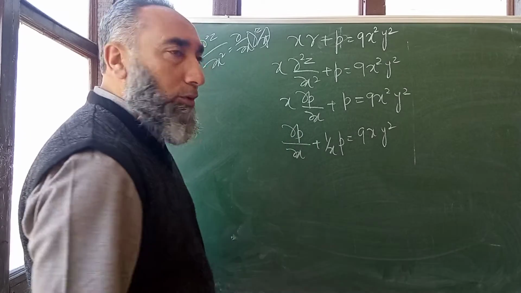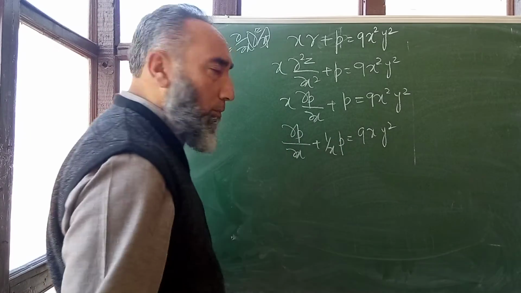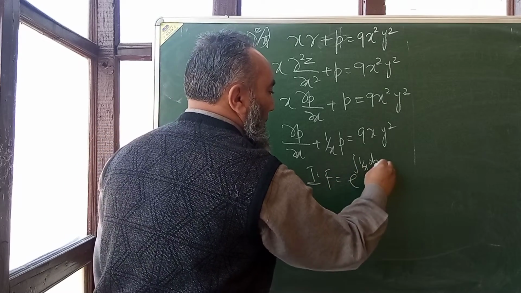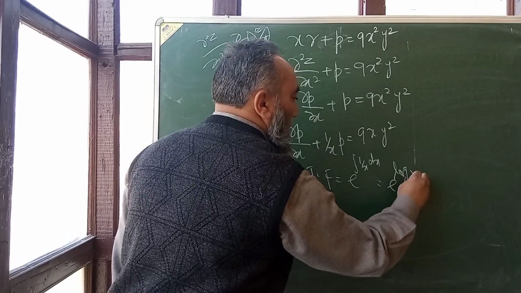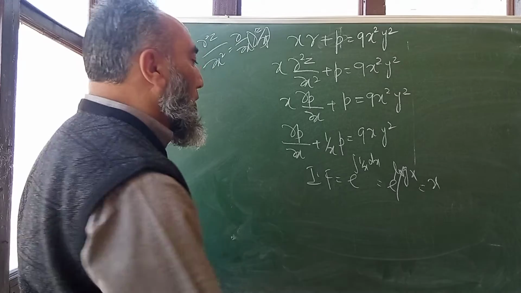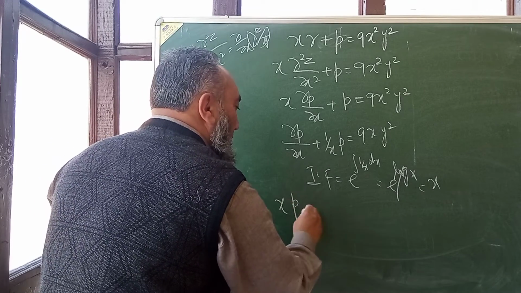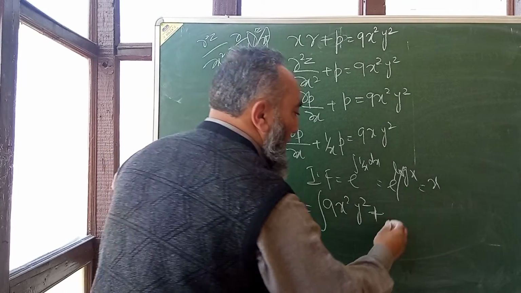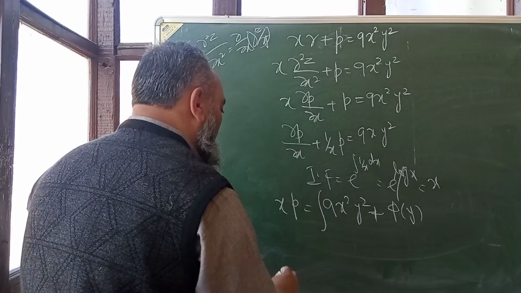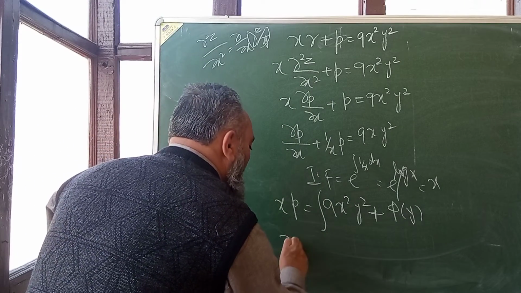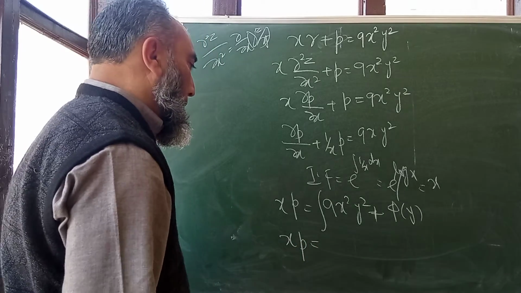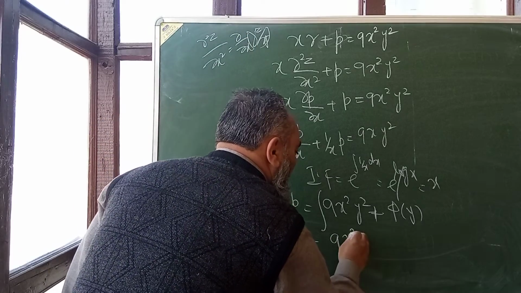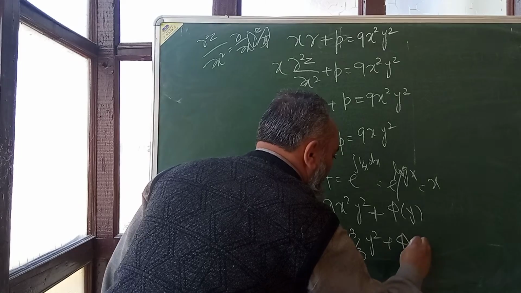Now this is of the form dy by dx plus Py equal to Q. So the integrating factor is e to the power integral of P dx, e to the power log x, which is x. The solution is y into the integrating factor equal to the right hand side into the integrating factor, plus a constant of integration, some function of y. So xp equals 9x cubed by 3 y square plus a function of y.